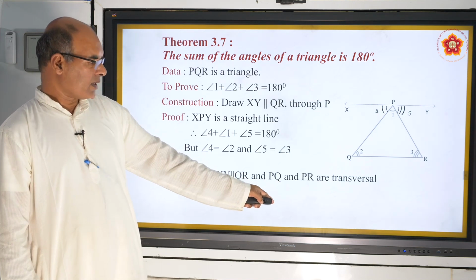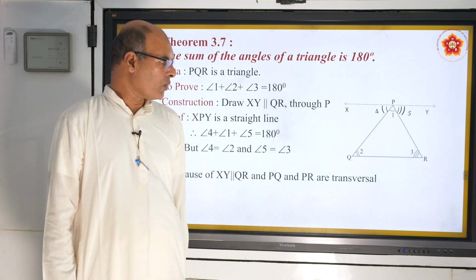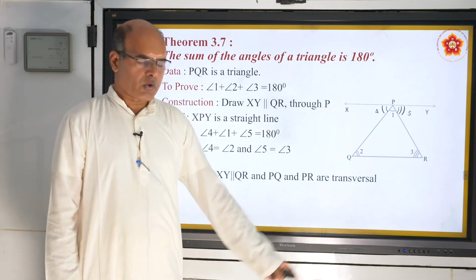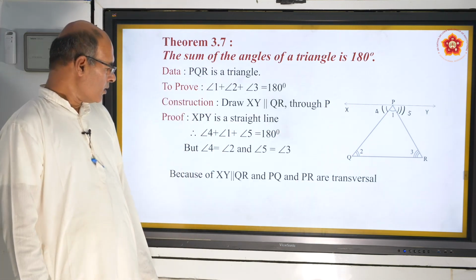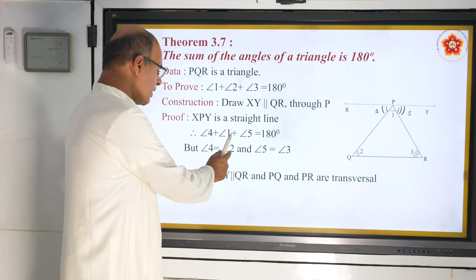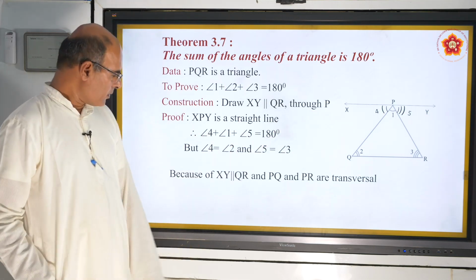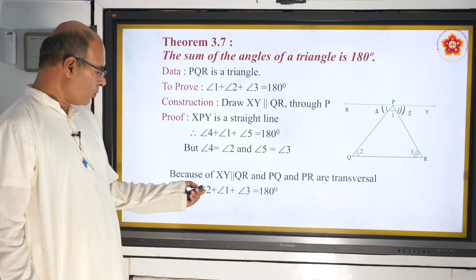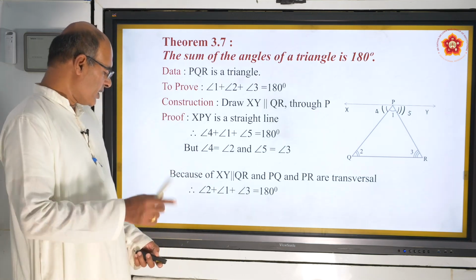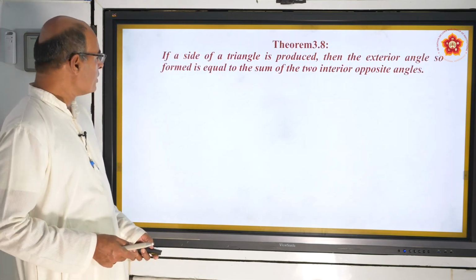PQ is a transversal, therefore angle 4 is equal to angle 2. And PR is another transversal, therefore angle 5 is equal to angle 3. Now replace the value of 4 and the value of 5 as angle 2 and angle 3. So we get angle 2 plus angle 1 plus angle 3 is equal to 180 degrees. 2 plus 1 plus 3 is nothing but 1 plus 2 plus 3. That is 180 degrees.